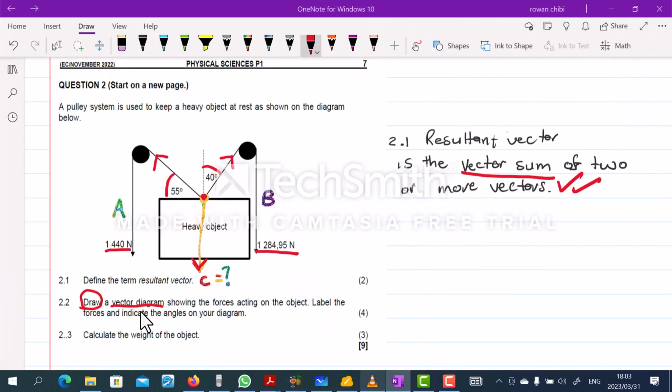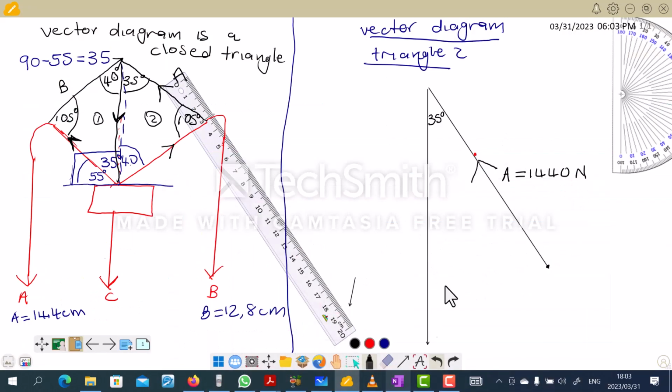They said draw a vector diagram showing all forces acting on the object, label the forces and indicate the angles. So that's what we are trying to do here. This is labeling, and this is indicating the angle. So you'll get a mark for doing that.